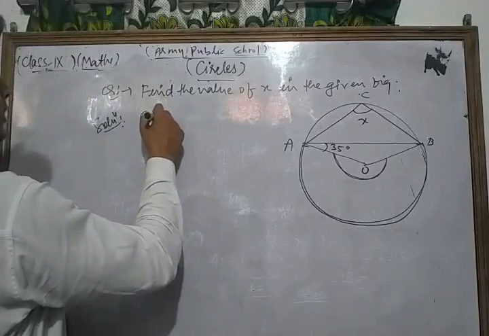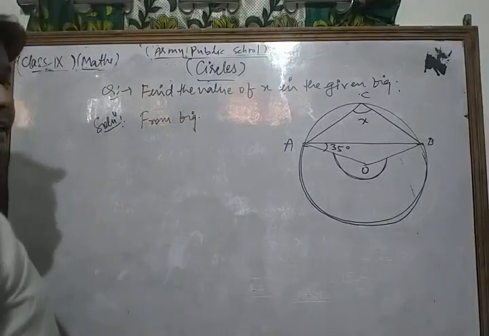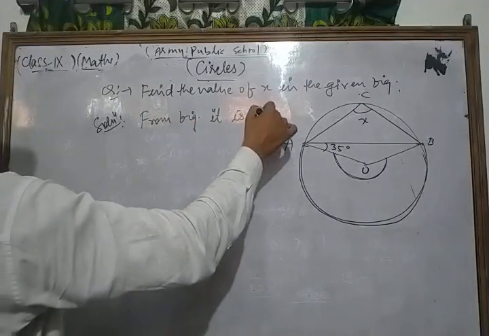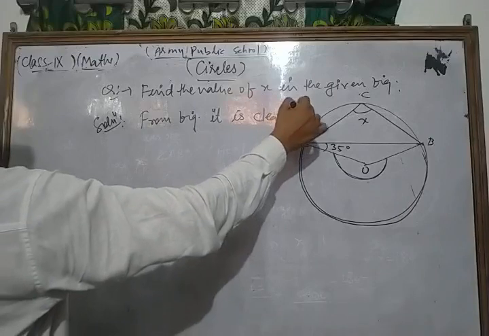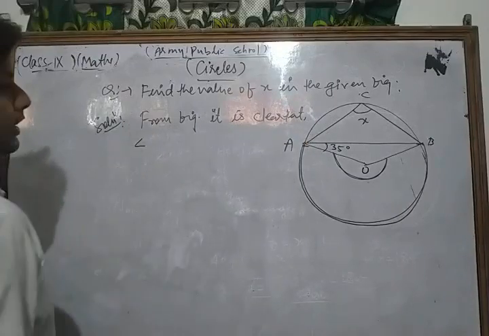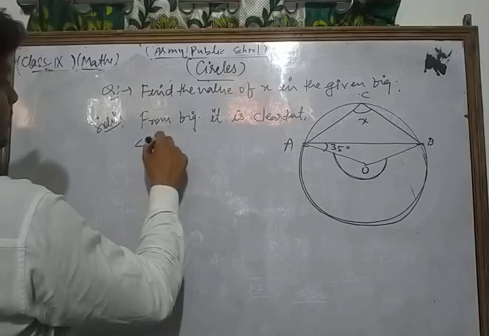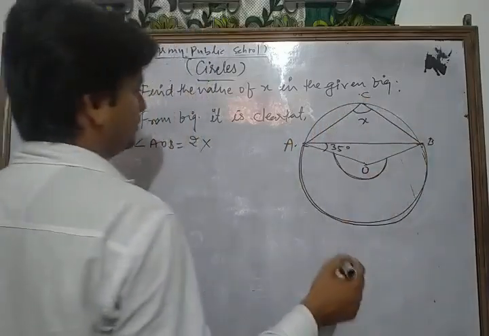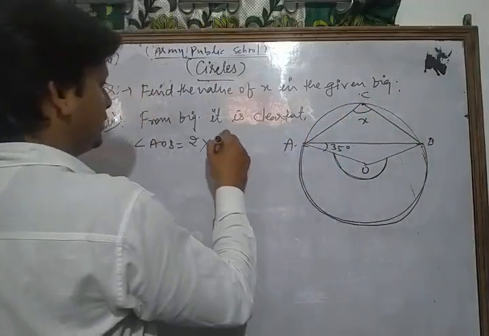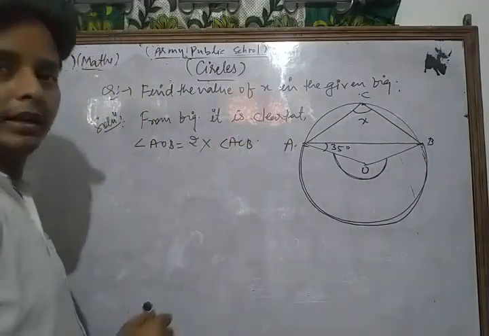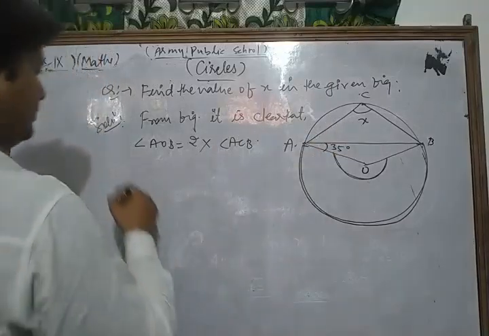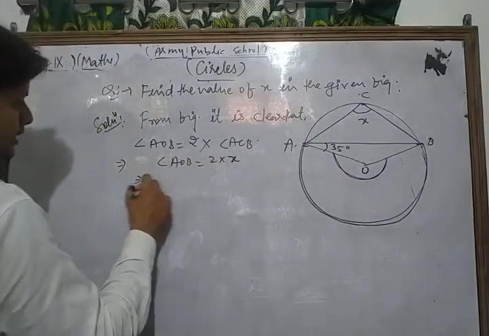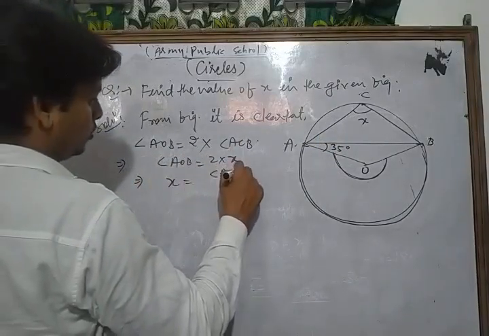So from the figure it is clear that angle AOB is 2 times angle ACB, and angle ACB is X. So 2 times X, that is X is equal to angle AOB upon 2.